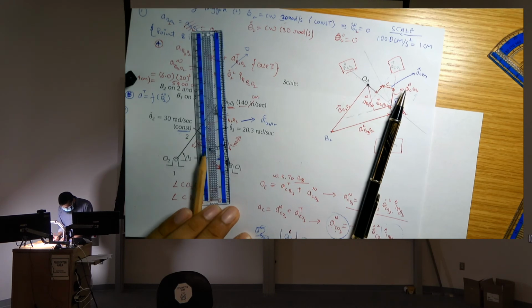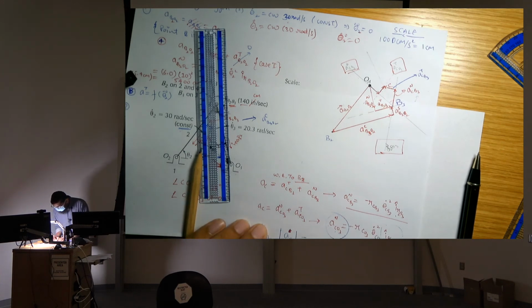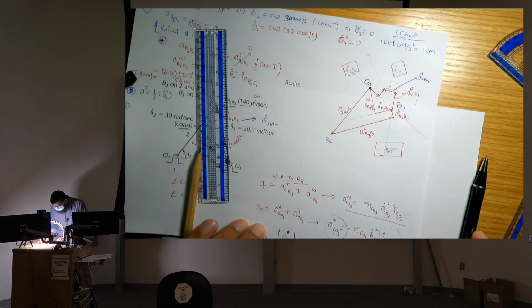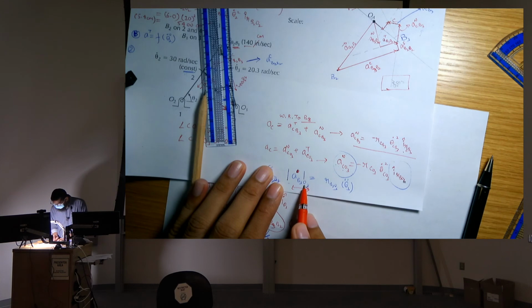If you find this from the acceleration polygon, where would be A B3O3?